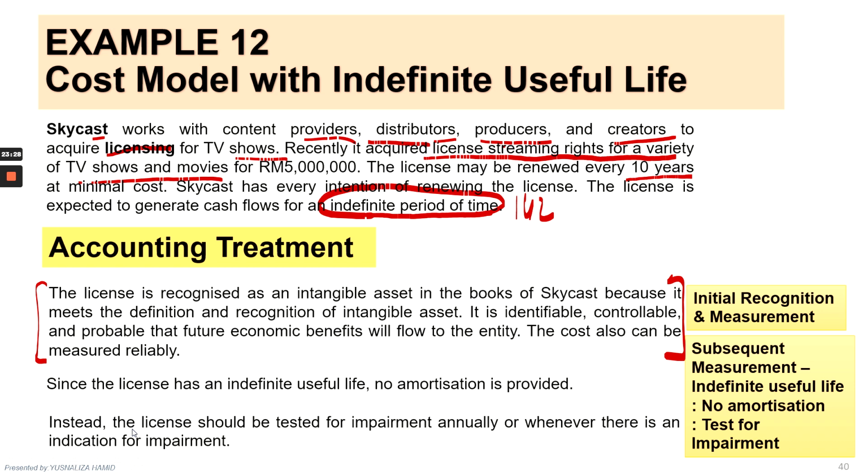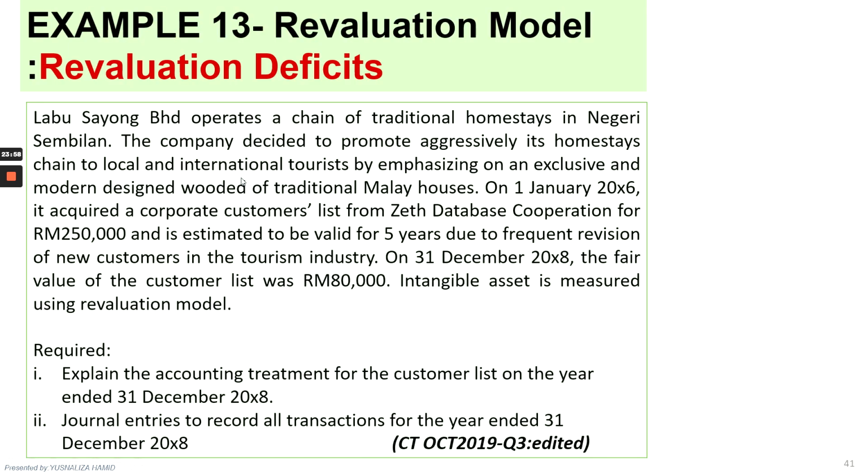However, you need to mention that the license needs to be tested for impairment, because MFRS 138 provides that impairment must be done annually or whenever there is an indication of impairment, even if there is no information about recoverable amount. For an asset with indefinite useful life, no amortization, but there should be a test for impairment. There should be impairment loss whenever there is an indication of impairment.